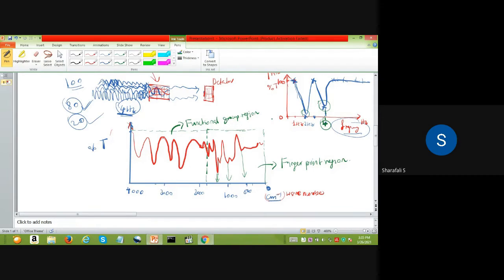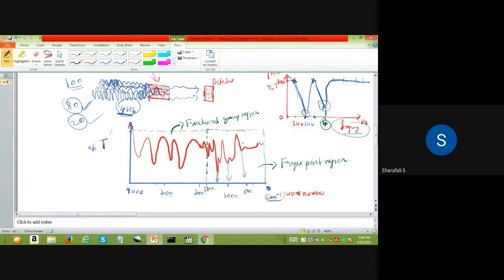Such absorption, that IR spectra, is called the fingerprint spectra or fingerprint of that particular molecule. And this region from 1800 centimeter inverse to 0, the fingerprint region, will give you the whole molecule.